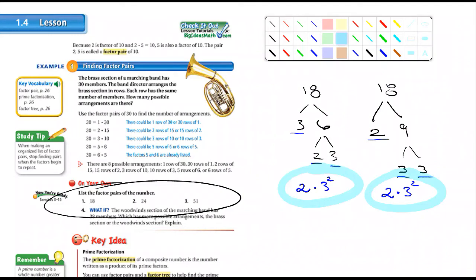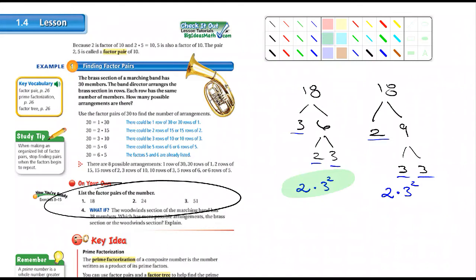So when you do prime factorization, and if you do it correctly, there may be several different ways to factor it out, but you'll come up with the same answer. So the prime factorization for 18 is 2 times 3 squared.